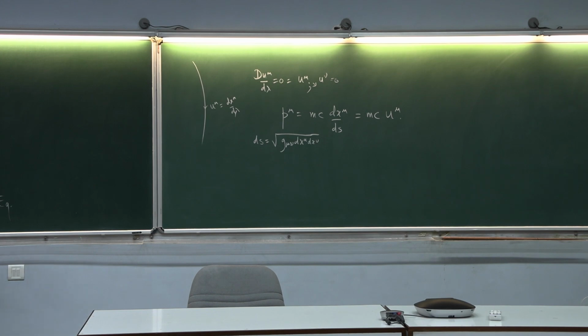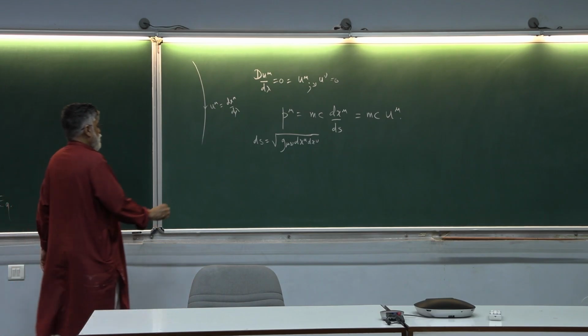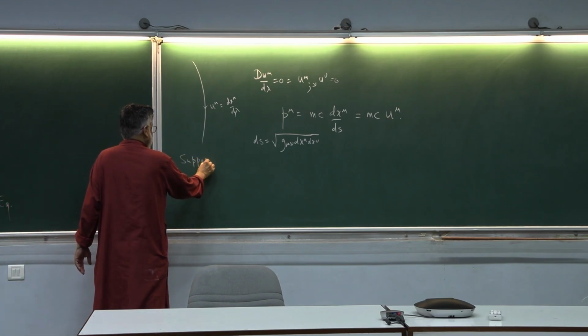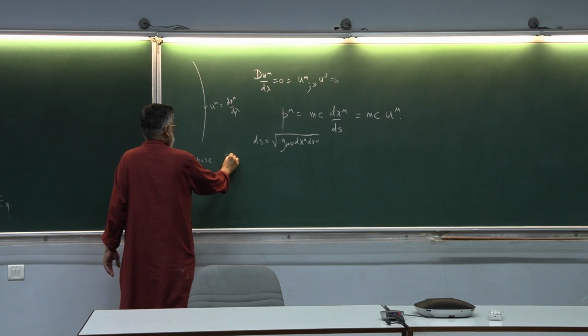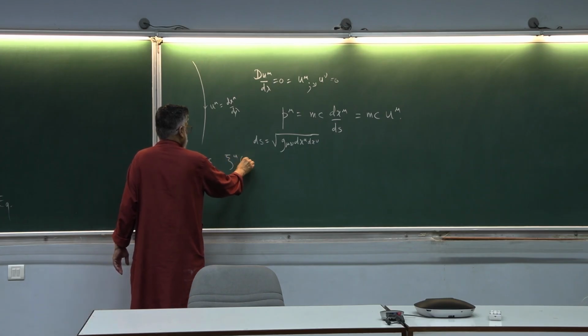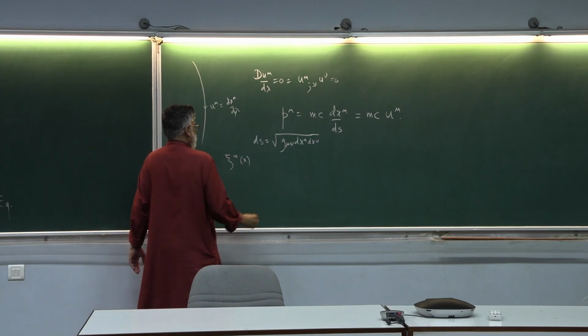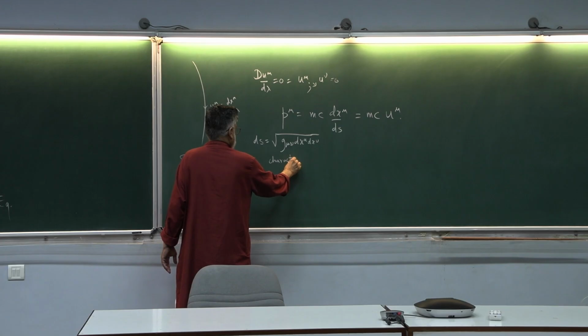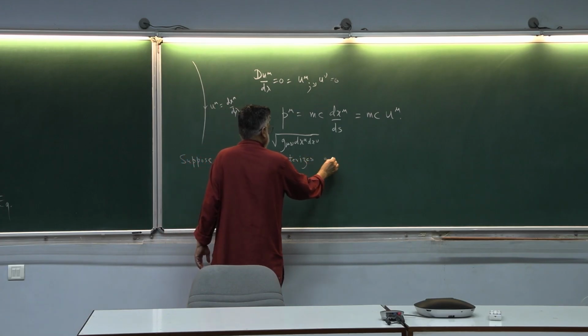So suppose you have a Killing vector field ξ^μ(x) that characterizes a symmetry of the space-time.